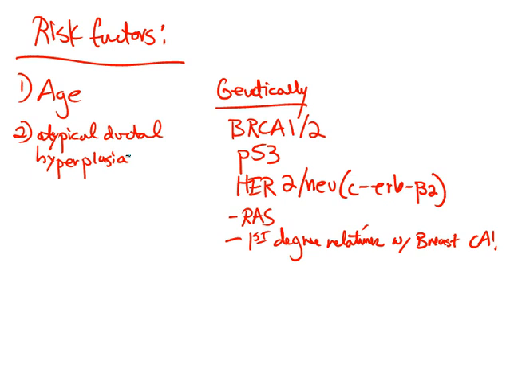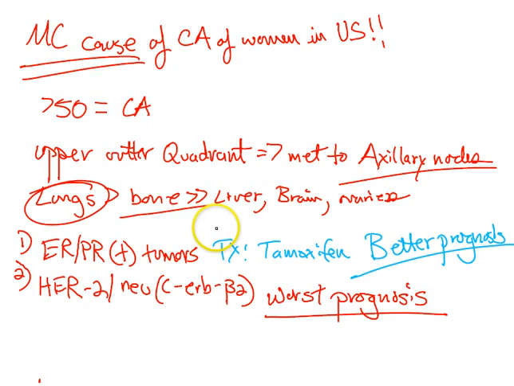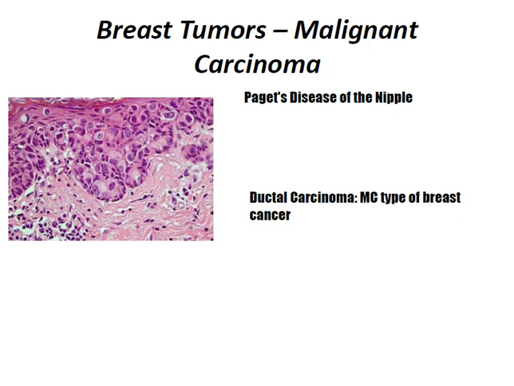So let's talk about Paget's disease of the nipple. This is an eczematoid lesion of the nipple or areola. Histologically, it looks like a melanoma.